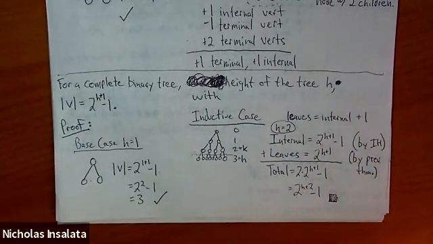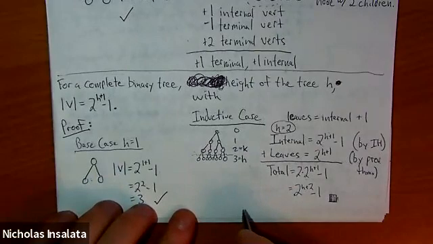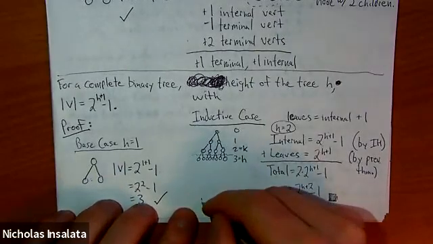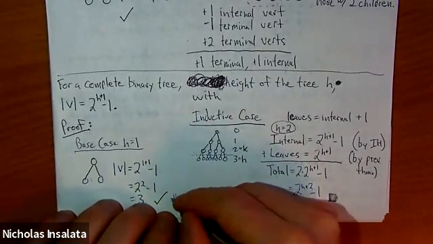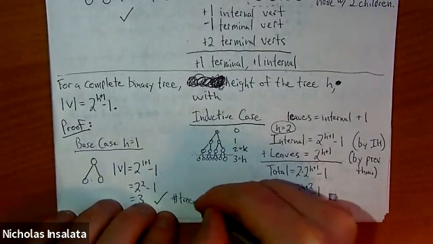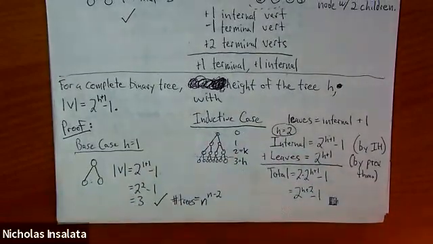I did want to mention Cayley's theorem real quick before we go, because we didn't get a chance to prove it yet, so we'll have to do that next time. But I can tell you the formula. The number of different trees with n vertices is equal to n to the n minus 2 power.